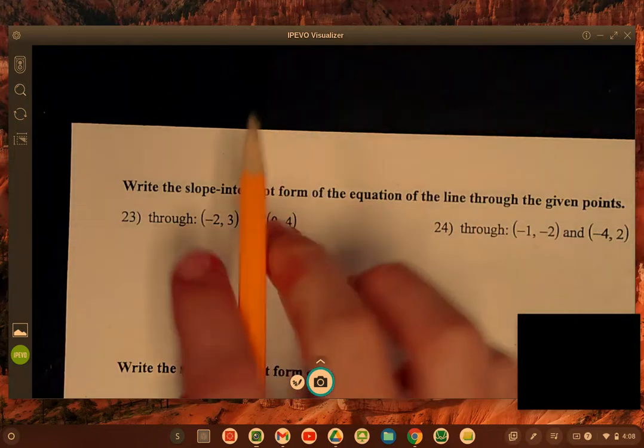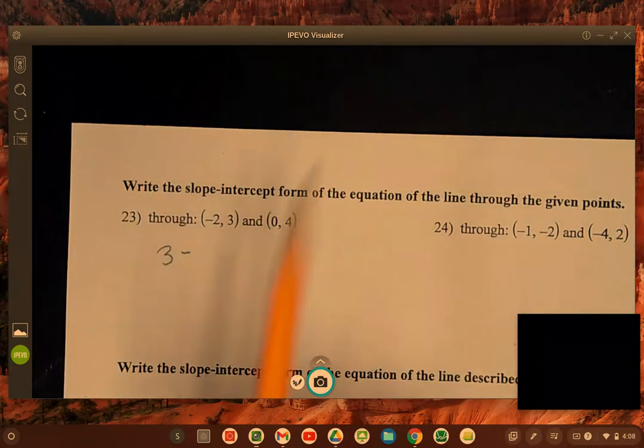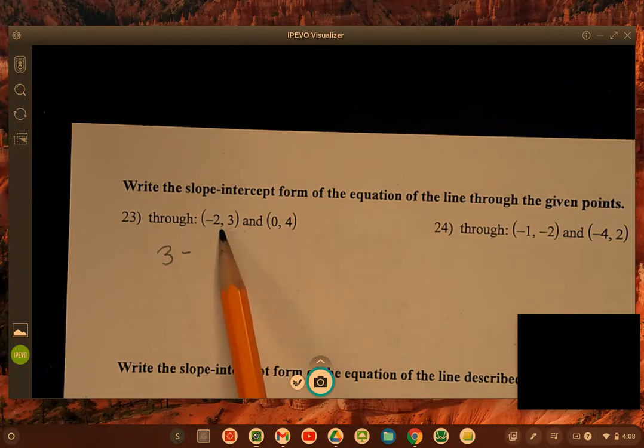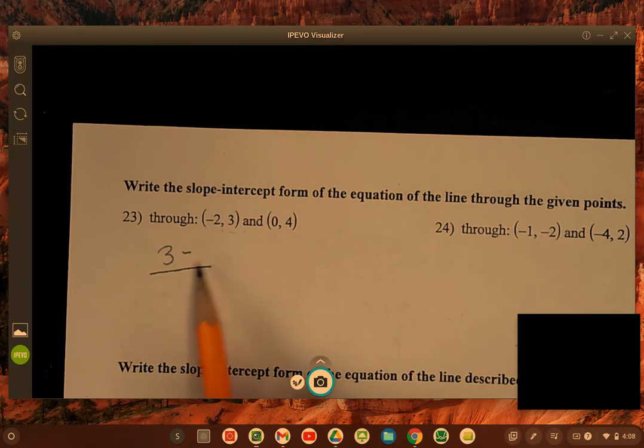So we're gonna flip this, and that's gonna be 3 minus. So you're gonna flip it going this way, so that the y is on top and the x will be on bottom. Like NASCAR, always turn to the left.